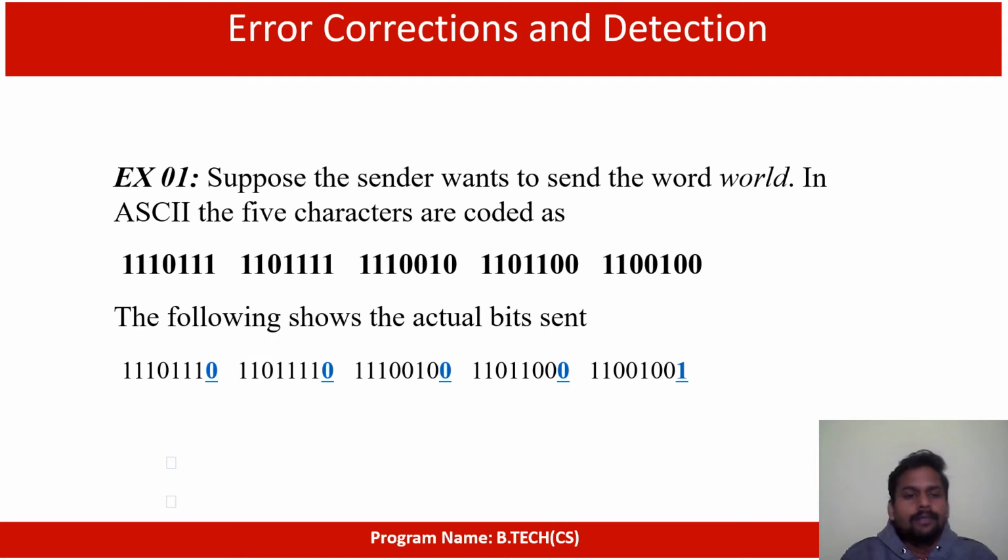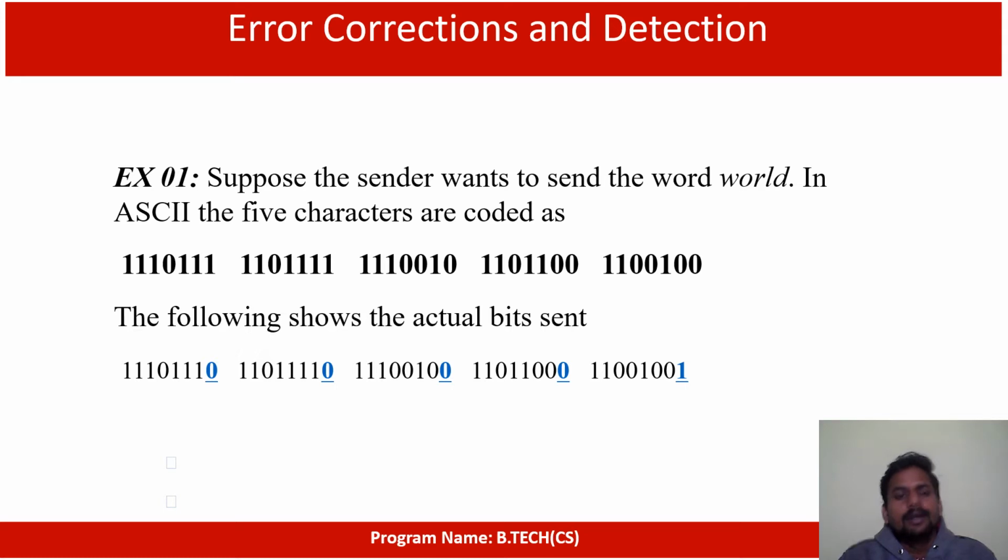In the first letter W, you see here, we have six ones and one zero. We are not going to look at the zero count, only the ones. So here we have an even number of ones, so it is even parity already. There is an even number of ones, so we are not going to modify anything in it. So we simply add a zero as the parity bit. That's it. You can see that value below also.